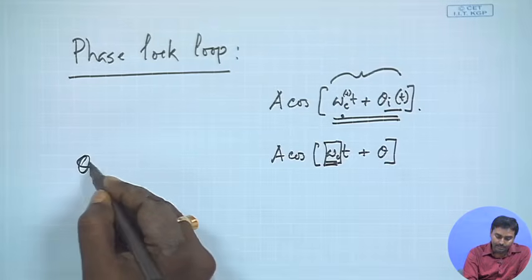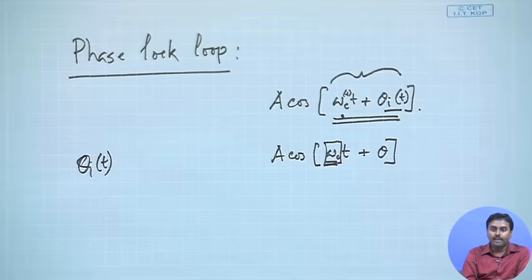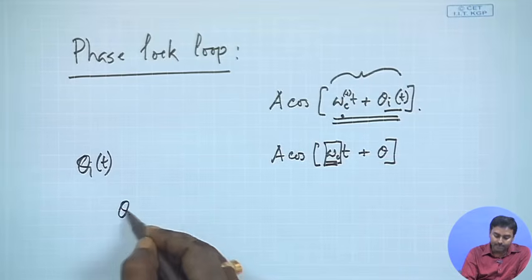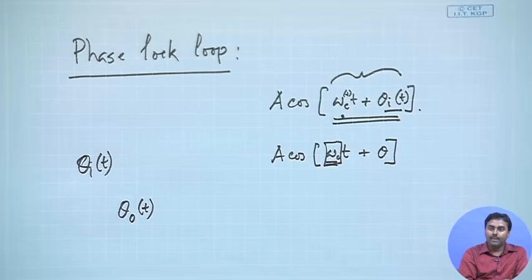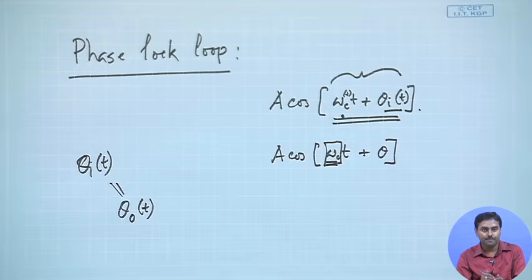Let us say I have a cosinusoid coming in with an incoming phase of theta I(t), and locally I generate some phase theta o(t), and my target is that this difference, theta o to theta I or theta I to theta o, must go to 0. So I need to create a feedback loop so that the phase error goes to 0. That can only happen with feedback, so my circuitry also will look like that, it is a feedback circuit.